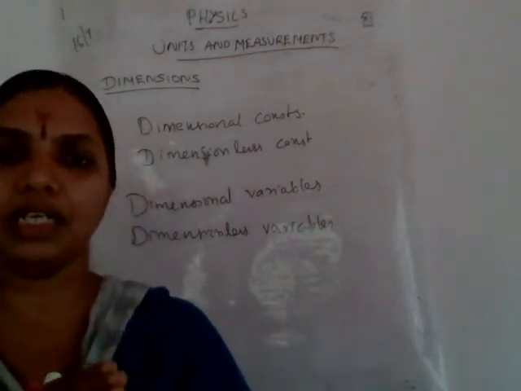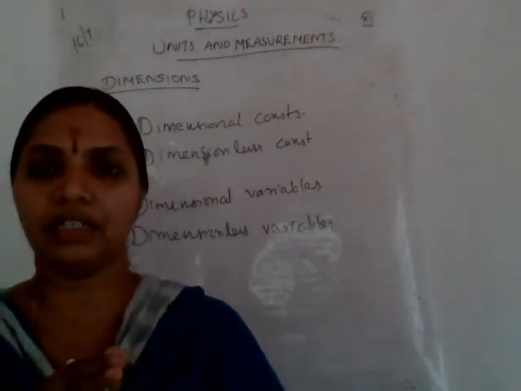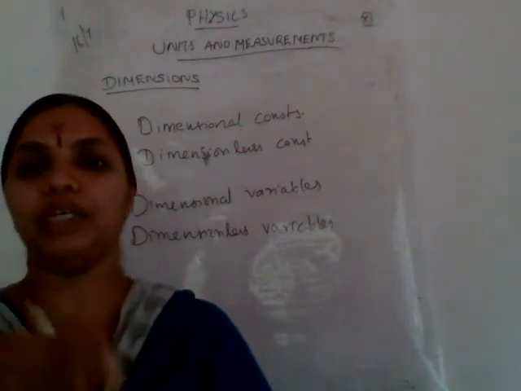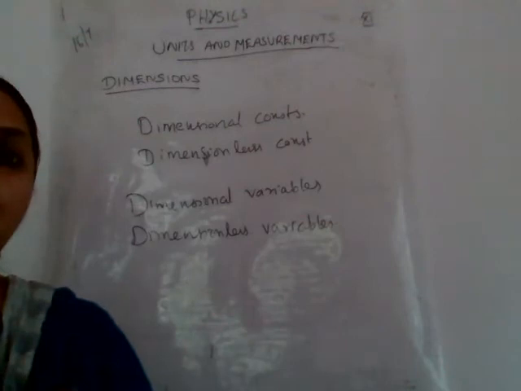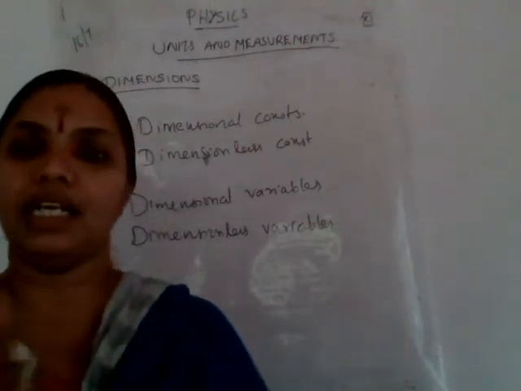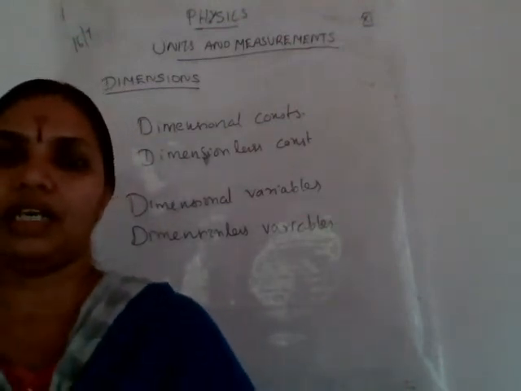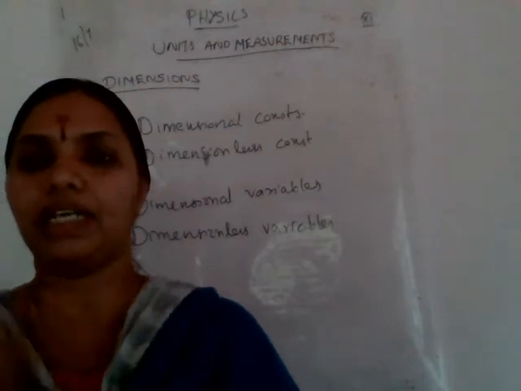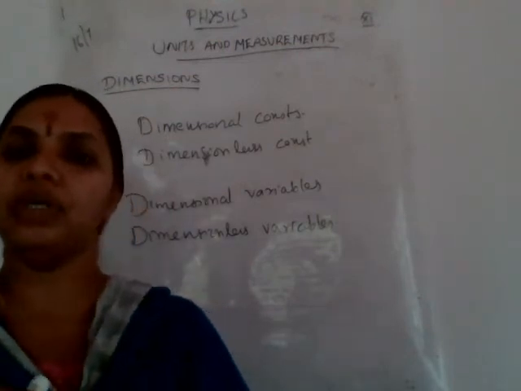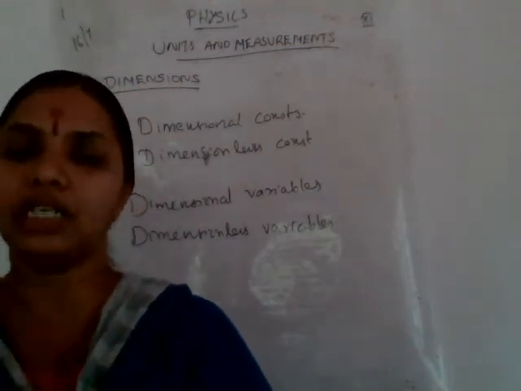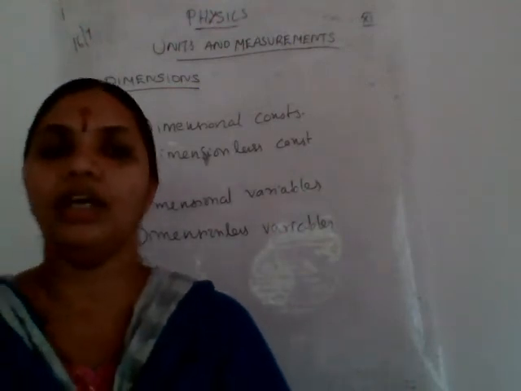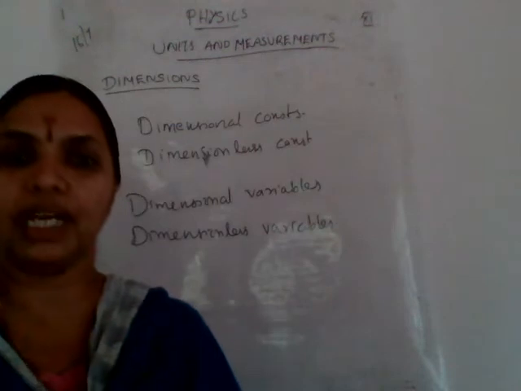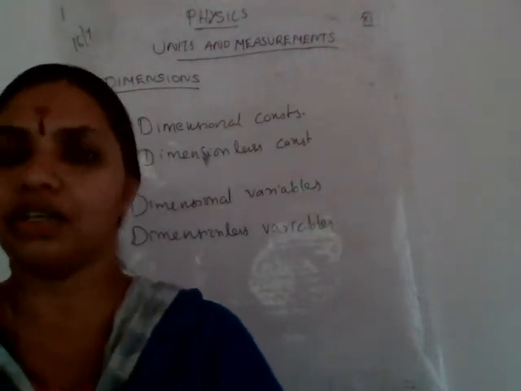Is it any unit for that? No. It is the ratio between the velocities. It is not having the unit. Therefore, it is a dimensionless constant. Okay. Relative density. Density of a substance with respect to density of water. So it is also not having the unit. So it is also a dimensionless constant.